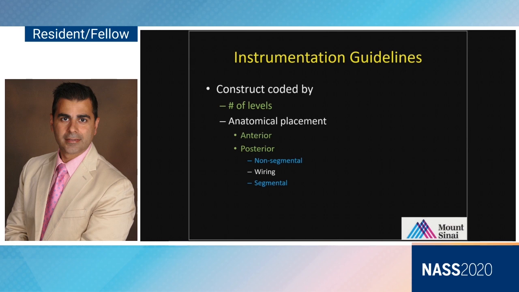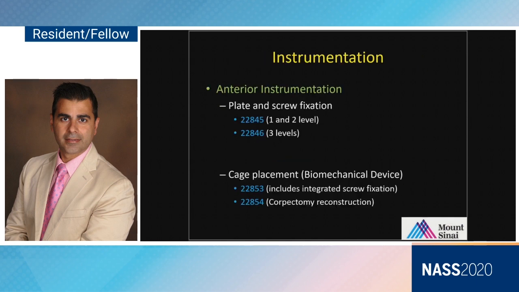And that construct is primarily coded by the number of levels involved and the anterior versus posterior approach. So an anterior anatomical placement is a screw and plate fixation that's based on levels, and posteriorly, similarly, it's usually a screw and rod fixation that's based on the number of levels that are instrumented.